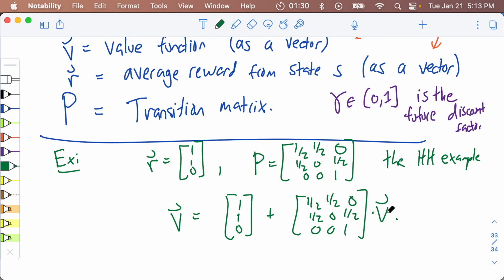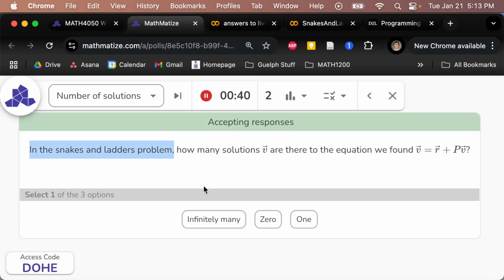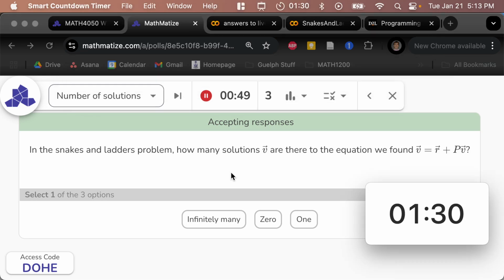R is 1, 1, 0, and P is this thing. How many solutions do you think there are to V equals this plus P times that? I guess here gamma equals 1 if you want to be a stickler. I'm going to leave it open. I gave you the 3 options: infinitely many, 0, or 1. Those are usually the answers. I will start a timer for 1 minute.